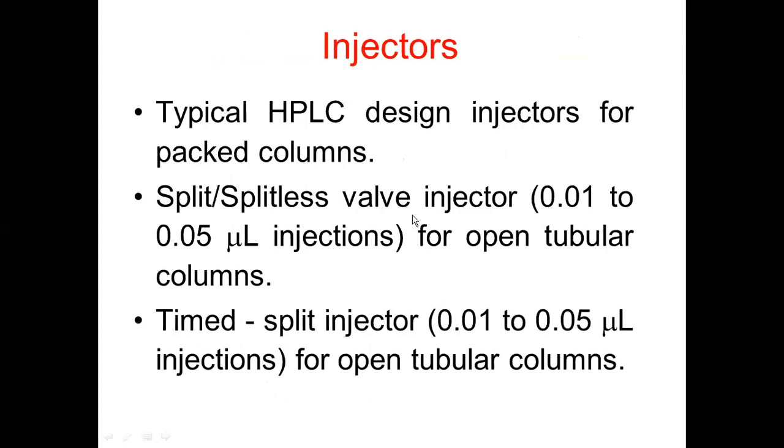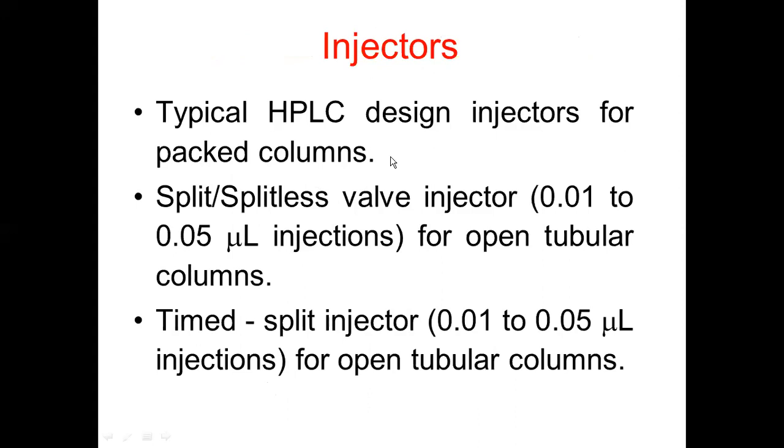And as far as injectors are concerned, all those injectors, especially a hypodermic micro syringe, which is used to introduce the sample into the head of the chromatographic column, either in GC or HPLC, are used even in supercritical fluid chromatography.